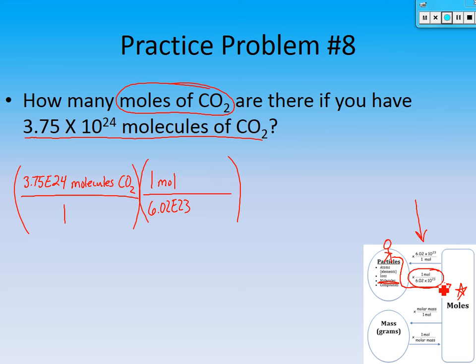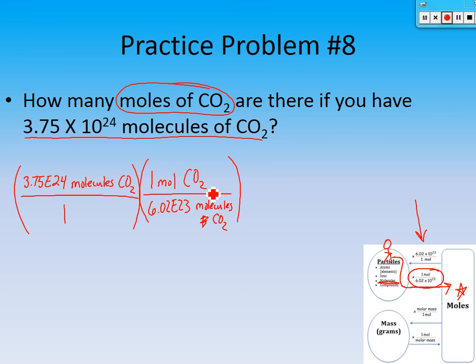Again, I don't include the units on the roadmap because every problem's different, but what you can do is always look at what you started with. If molecules of CO2 is on top, we know that it goes on the bottom. Whoops, that's CO2. Molecules of CO2 on the bottom. So there's Avogadro's number of molecules of CO2 in 1 mole of the substance that we're talking about, which is CO2.